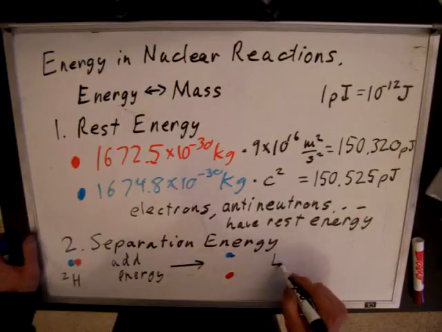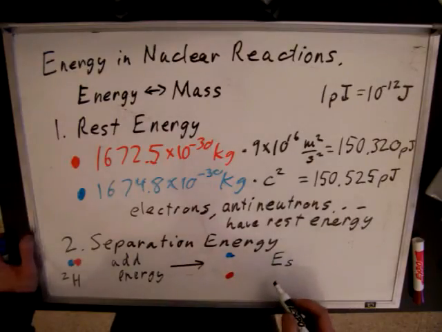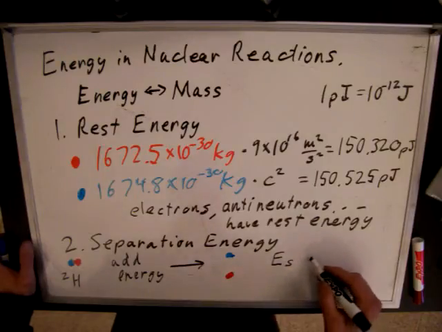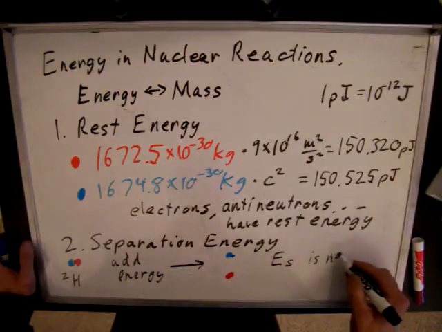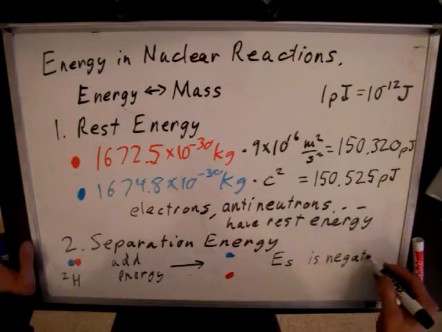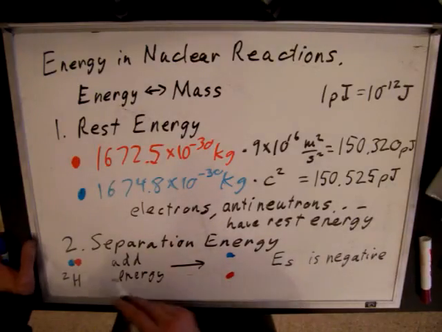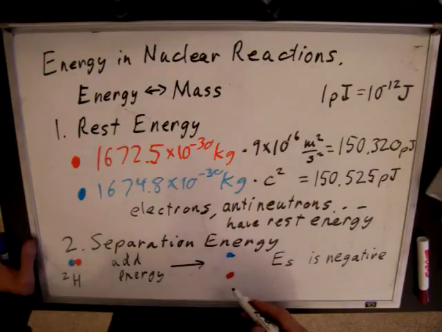So the separation energy, which you will look up in the table, is negative, because free particles, free protons and neutrons, have more energy than nuclei where they're stuck together.